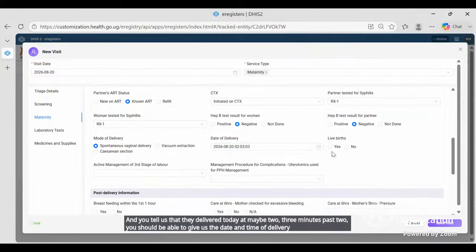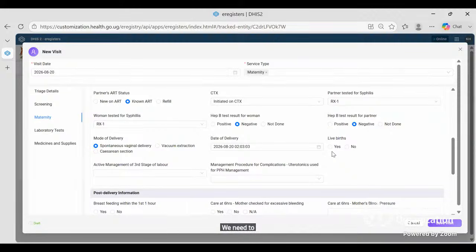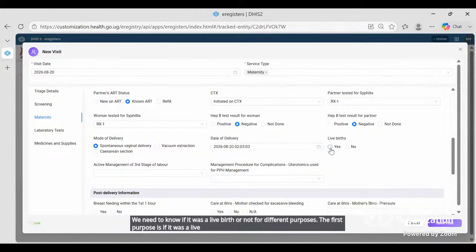Now here we have a very important field, which is live births. We need to know if it was a live birth or not for different purposes. The first purpose is if it was a live birth, we are working on the integration of this with the NIRA to be able to notify live births that have been recorded in the e-register.